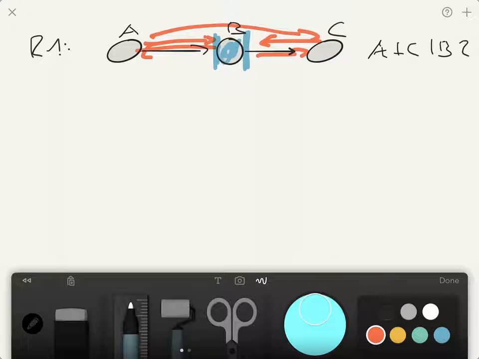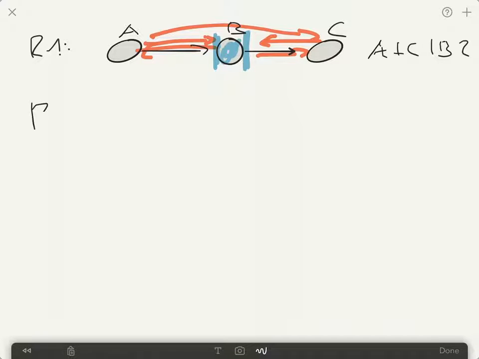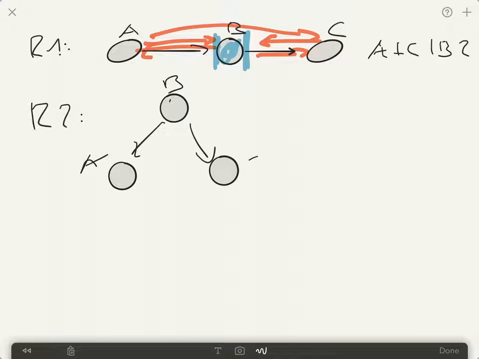Rule number two is one node and two outputs, and we have A, B, C, and we ask again the same question.